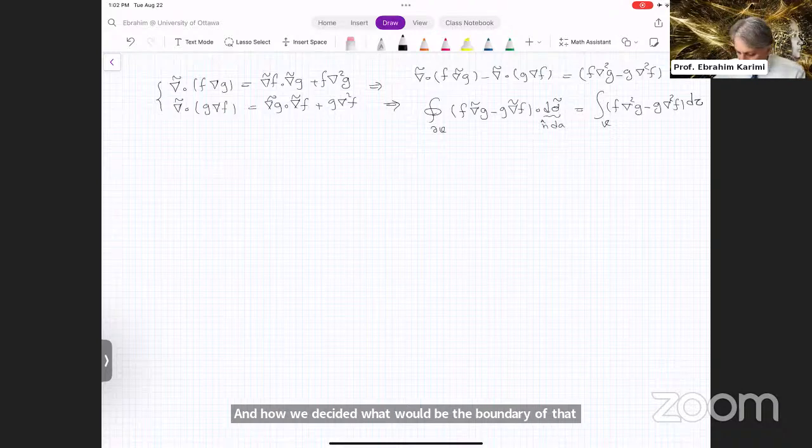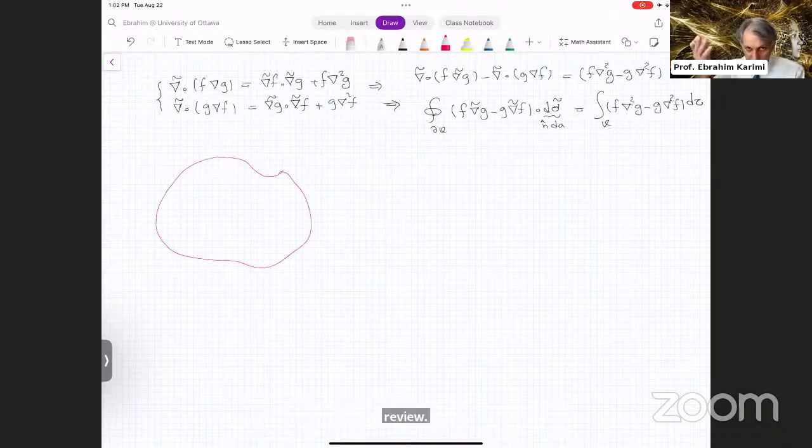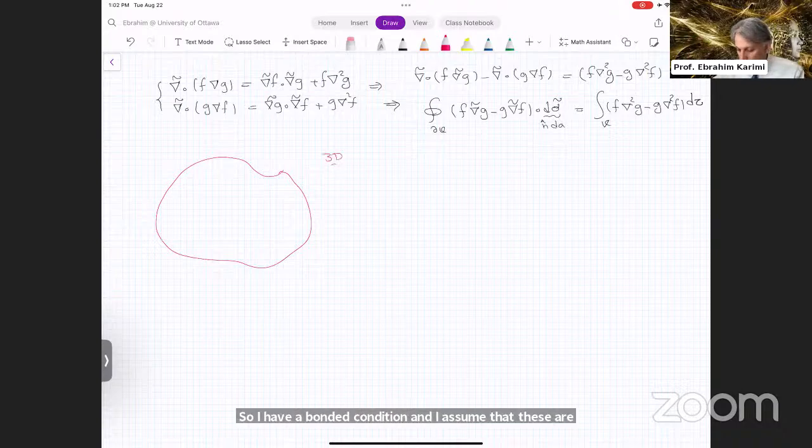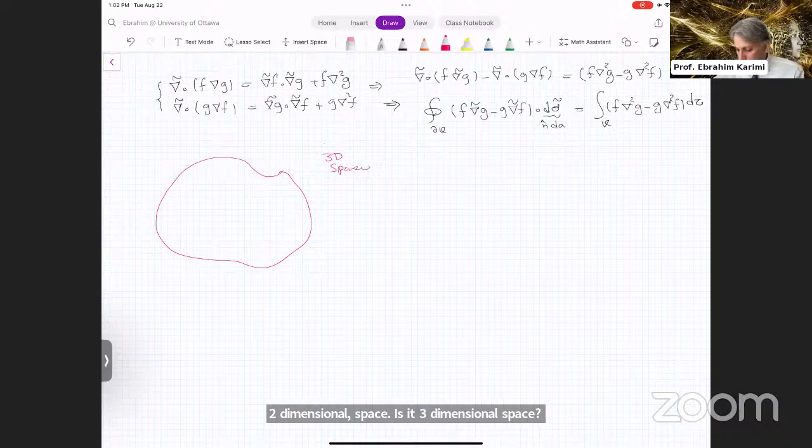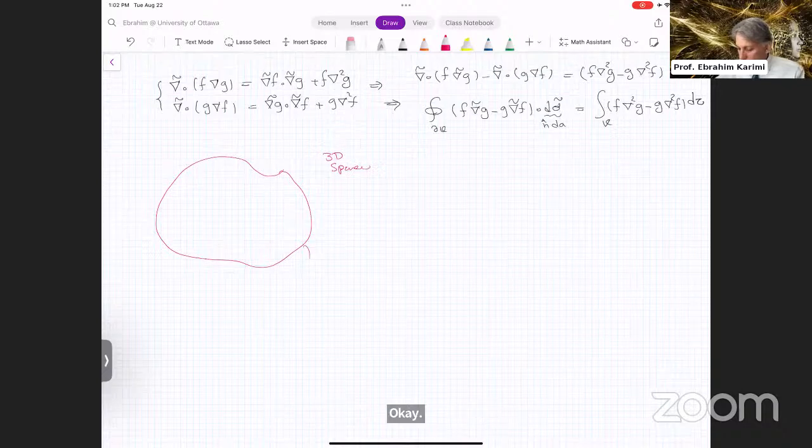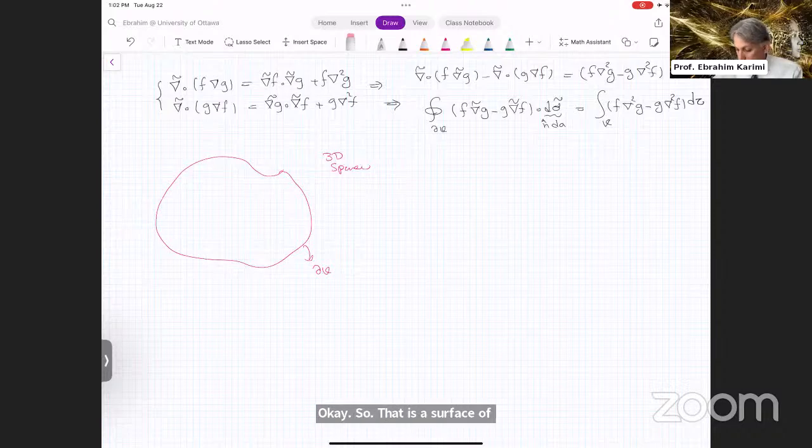Well, let's review. I have a boundary condition, and I assume that this is a three-dimensional space with a surface, let's call it S. What is happening inside of this?